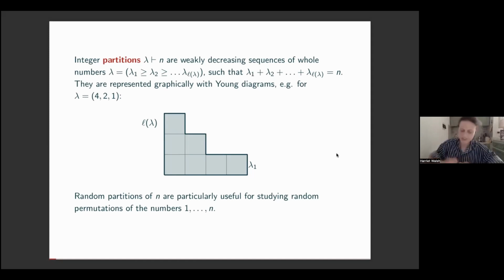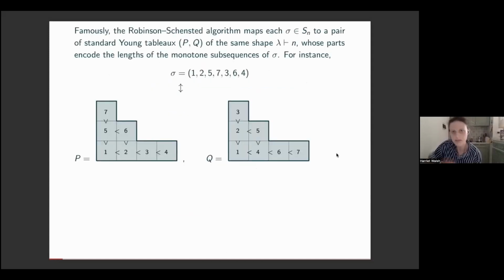And when it comes to studying random partitions, perhaps the most natural measure comes from studying random permutations. So if we take a permutation of the numbers 1 to n, chosen uniformly at random, a particularly useful tool for studying the structure of its monotone subsequences is a natural model of random partitions.